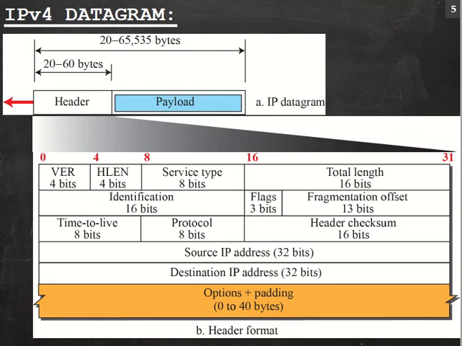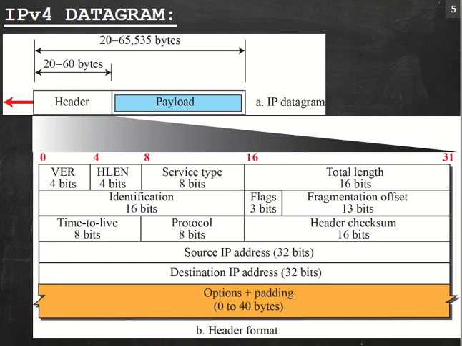Next one is the total length, which is 16 bits. This 16-bit field gives the total length of the IP datagram in bytes. That is, it includes the header as well as the data. So the total length of the IP datagram is represented in the total length field.